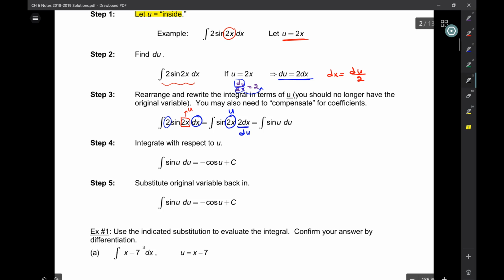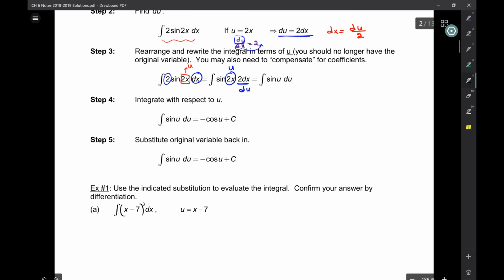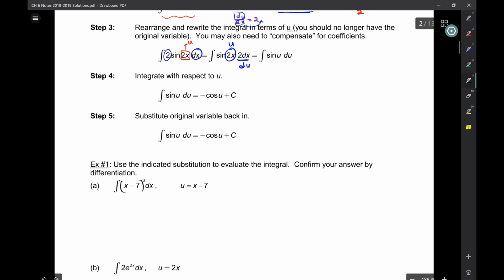Now that you don't have an inside function anymore, you integrate. That's negative cosine of u plus c. And then you have to substitute back in. So if this is negative cosine of u plus c, then this is equal to negative cosine of 2x plus c. Okay?